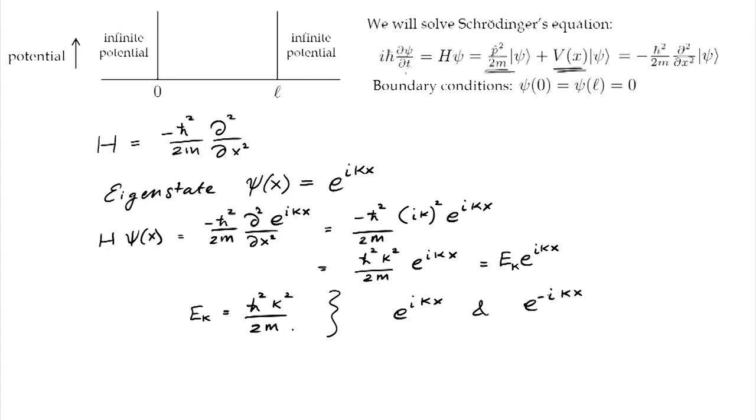That also tells us that any linear combination of them has the same energy. So we have solutions psi of x of the form a times e to the i kx plus b times e to the minus i kx, and this has energy E sub k, which we already wrote up here.